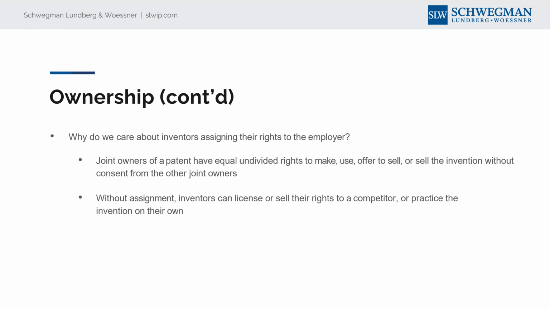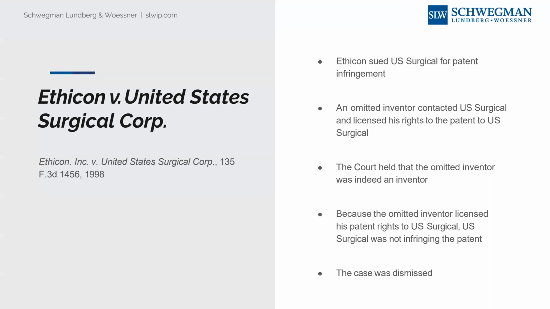And as an example of how messy this can get, if you have rogue inventors, consider Ethicon versus U.S. Surgical Corp. In this case, Ethicon sued U.S. Surgical for patent infringement, and lo and behold, there was an omitted inventor, and that omitted inventor got a hold of U.S. Surgical and decided to license their rights to the patent to U.S. Surgical.